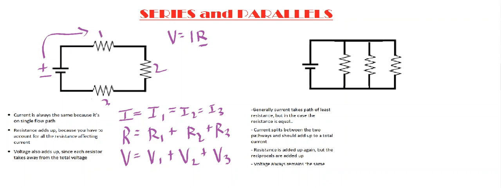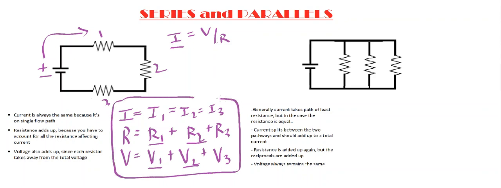So if we were to take Ohm's law that we learned earlier, and we know that current is staying the same, as voltage changes, resistance must change. So as V1 changes, R1 must change. As V2 changes, R2 must change. And that is why these equations work for series, because one variable is remaining constant while the other two are changing.